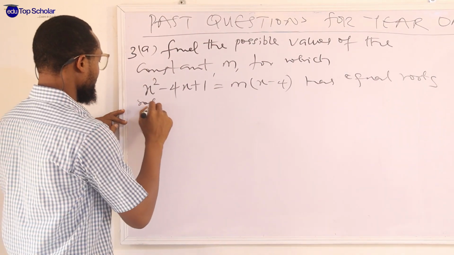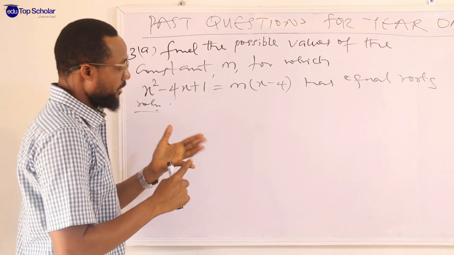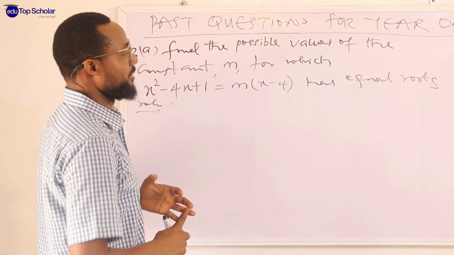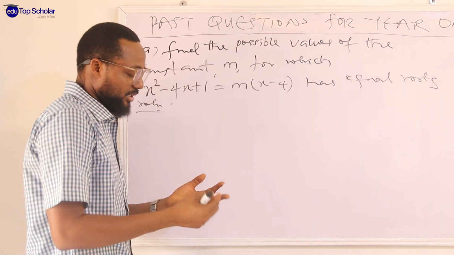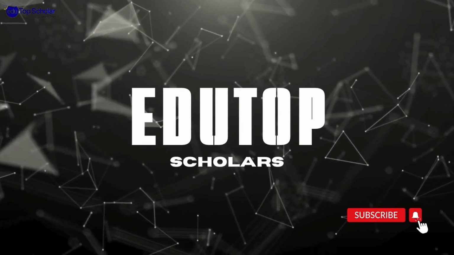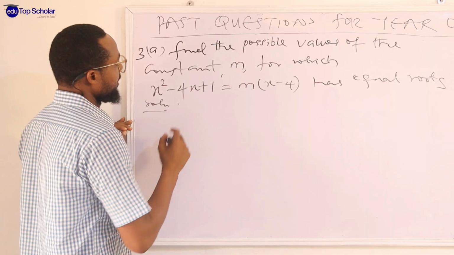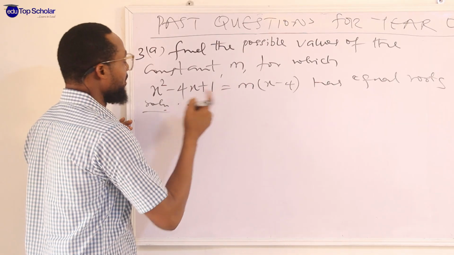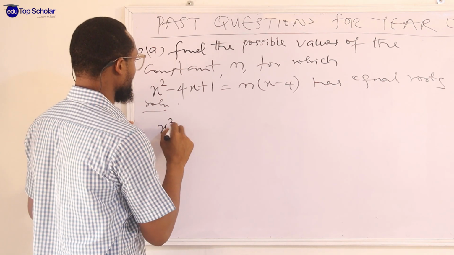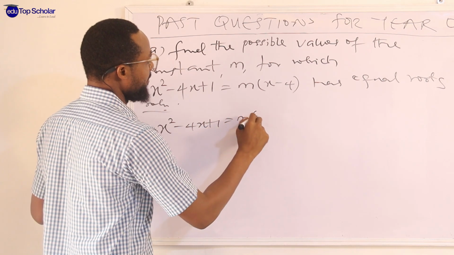Solution now. This one is testing two things: nature of quadratic equation and also the discriminant. And we use the discriminant to discuss the nature of a quadratic equation. Now, here we want to put this in the form of a quadratic equation. x squared minus 4x plus 1 equals m times x minus 4.